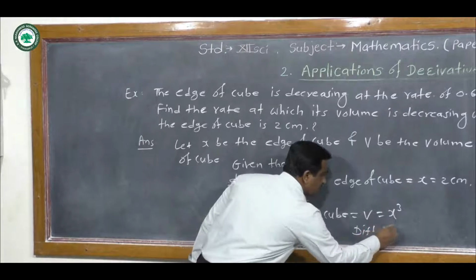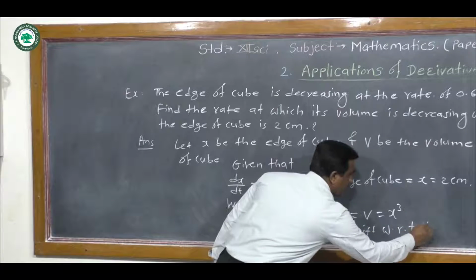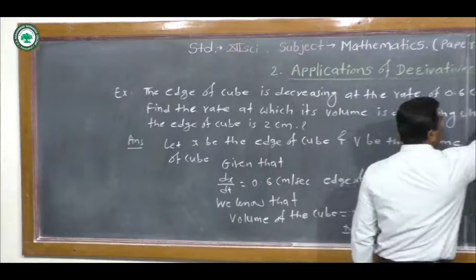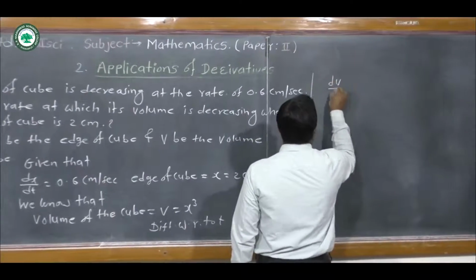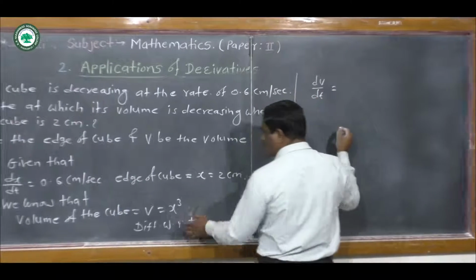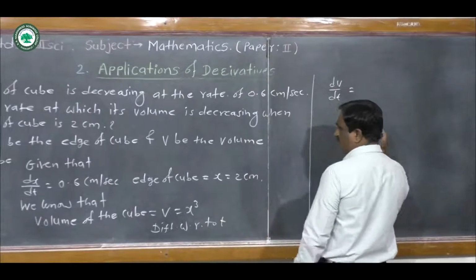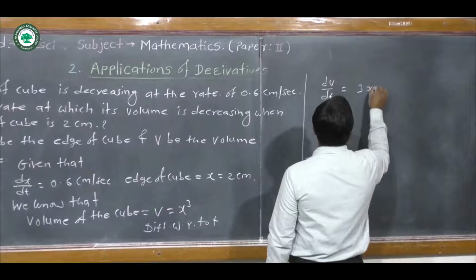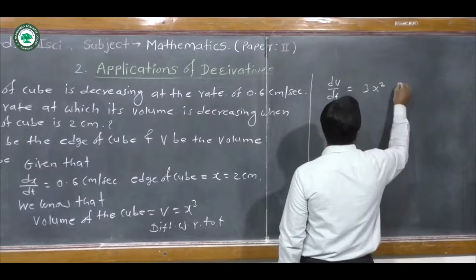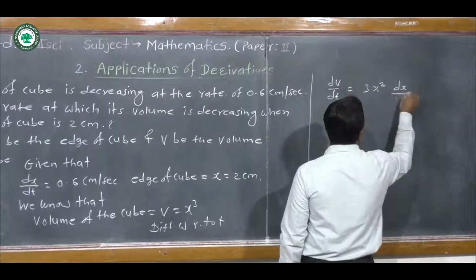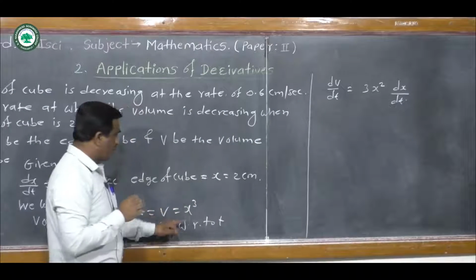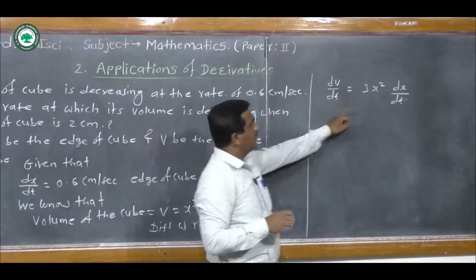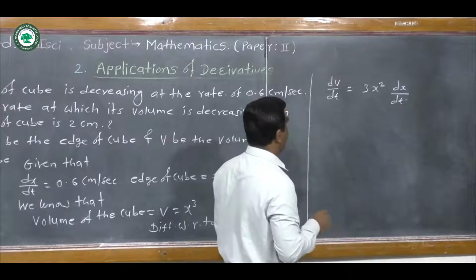Therefore, we can write dV by dt equal to the derivative of x cubed with respect to t, 3x squared into the derivative of x with respect to t, dx by dt. By using the chain rule, the derivative of x cubed is 3x squared into dx by dt.